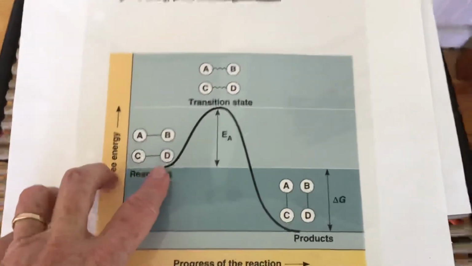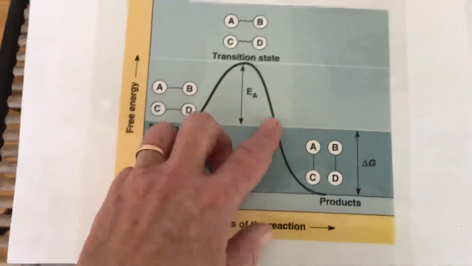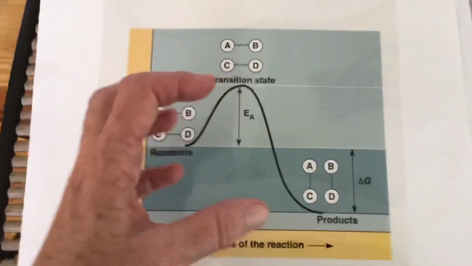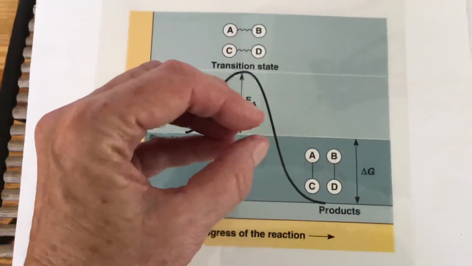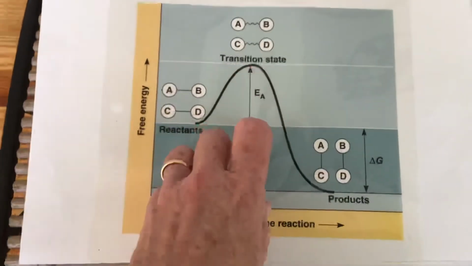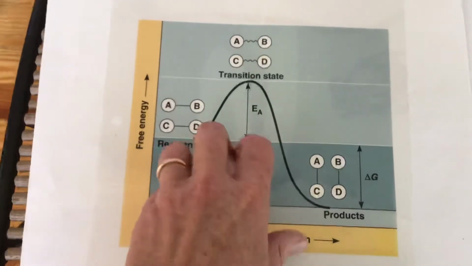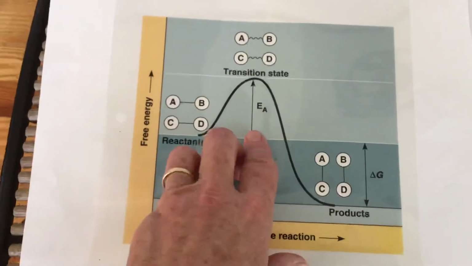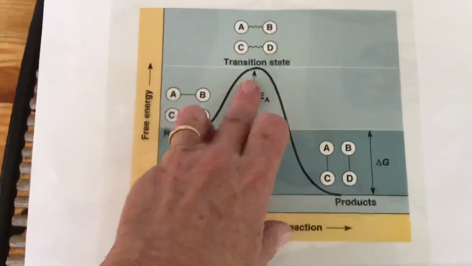Now, energy of activation with an enzyme is going to be less because the enzyme is basically grabbing the reactants and moving them where they need to be. All right, so in other words, maybe the actual energy needed here is not a lot, or the energy is provided by the enzyme. And so this is lowering the energy of activation.